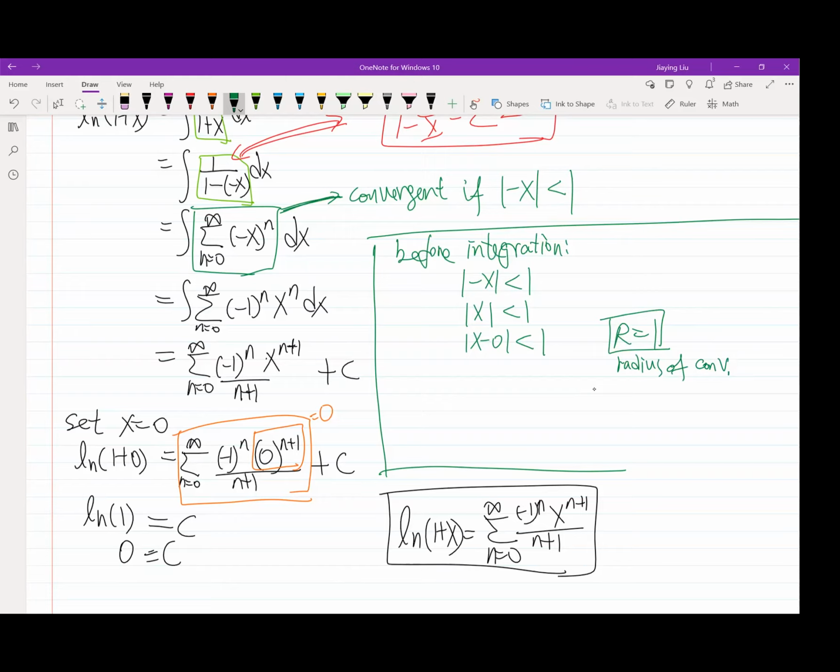That's what the radius of convergence is. But after the integration, we end up with this series. It doesn't change the radius of convergence. So after integration, there's the same radius of convergence there. R is still 1.